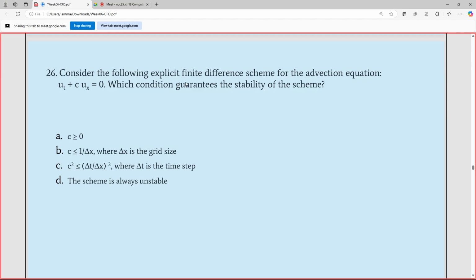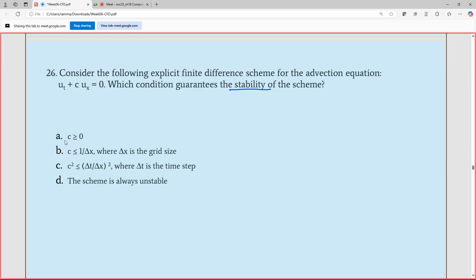Consider the following explicit finite difference scheme for the advection equation, ∂u/∂t + c ∂u/∂x = 0. Which condition guarantees the stability of the scheme? The question is on stability of the scheme, where an explicit finite difference scheme is used for an advection equation.